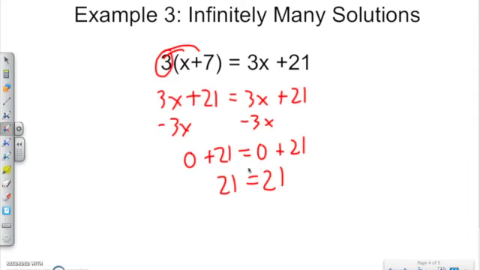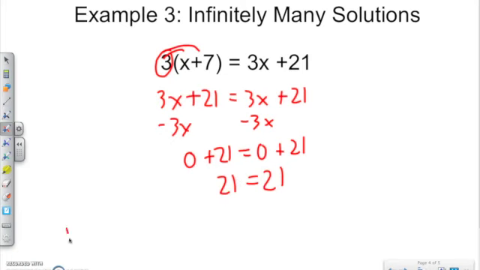Now, since these two numbers are always equal, it doesn't matter what we plug in for x. This is always going to be true. We can plug in 10, and 21 is always going to be 21. We could plug in 1,175,321 and a third, and it would still come out to be 21 equals 21.